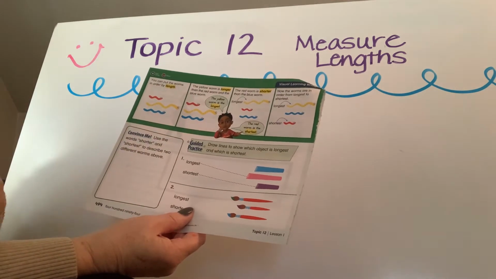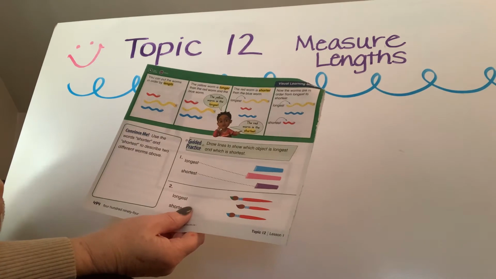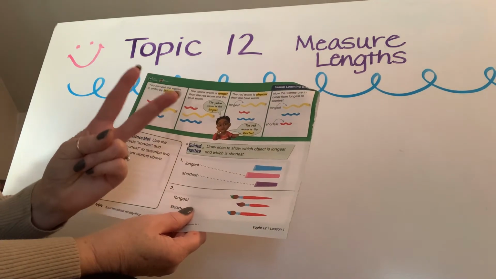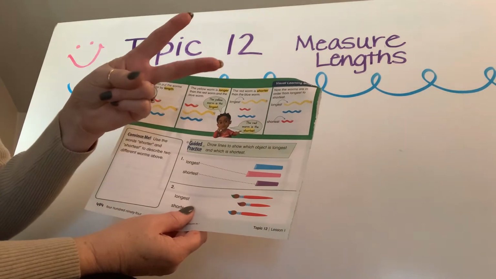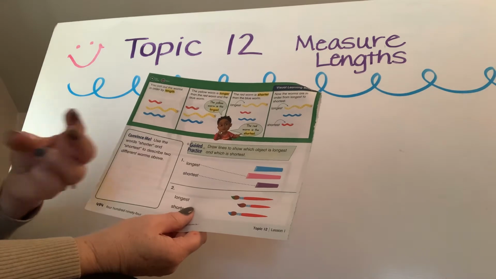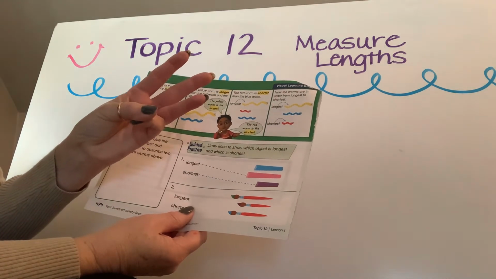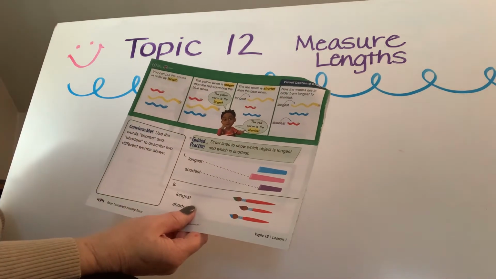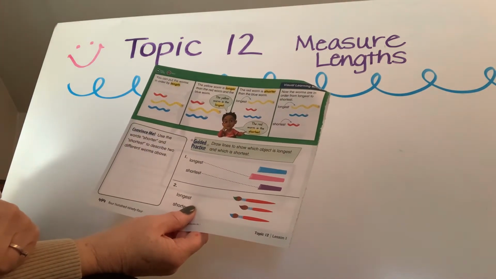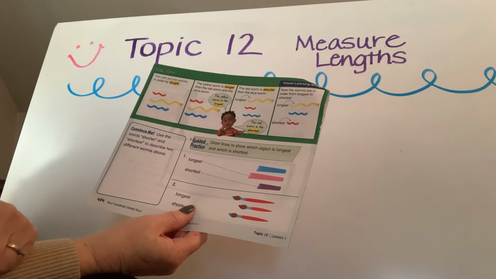The red worm is shorter than the blue worm. Do you remember when we compare two things, we always use ER. If I'm comparing three or more, EST. Do you remember all those tricks? Yeah. Now the worms are in order from longest to shortest.